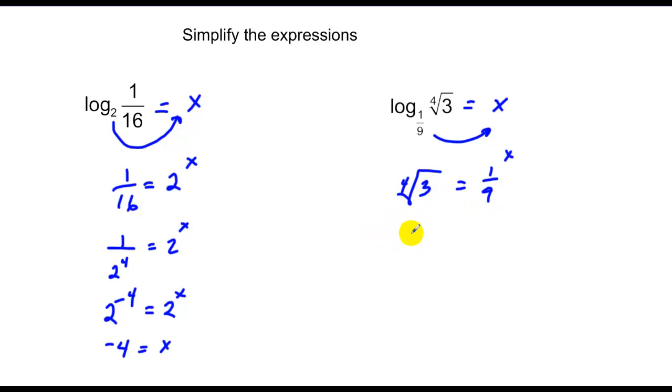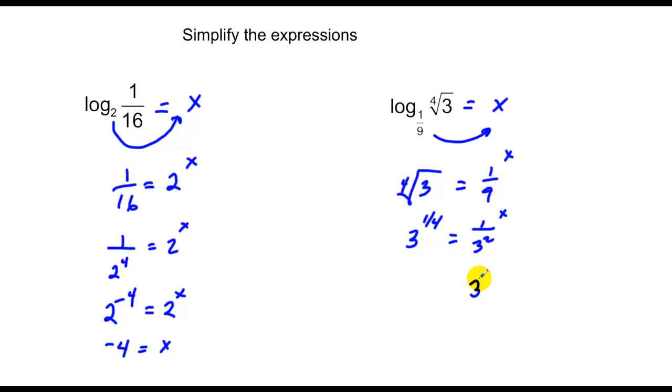So I have 3 to the 1/4 power is equal to 1 over, and I'm going to go to a base of 3 squared, raised to the x. Now again, I don't have each of these bases in the same place where I need them. I take and bring this guy up by using my negative exponent.